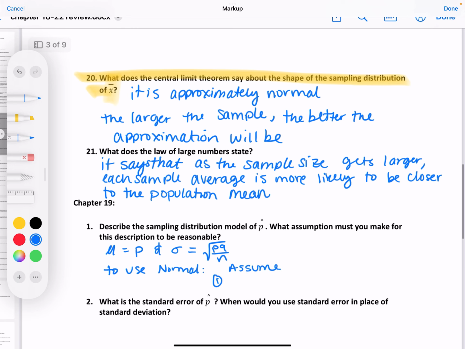So we must assume independence and that it's large enough. Then when we check the conditions, we're checking that it's random, 10%, and success failure.